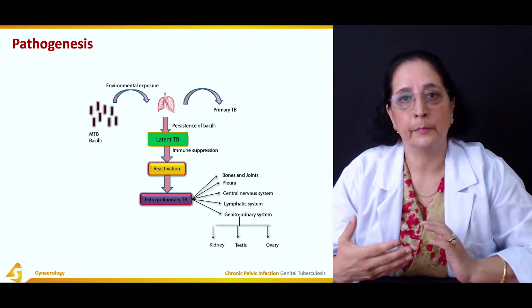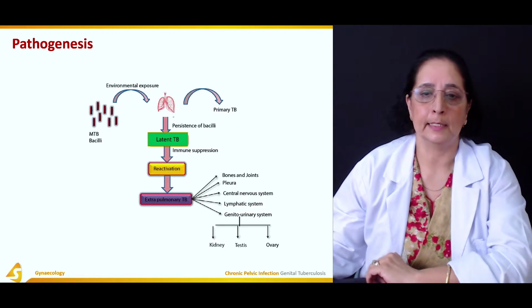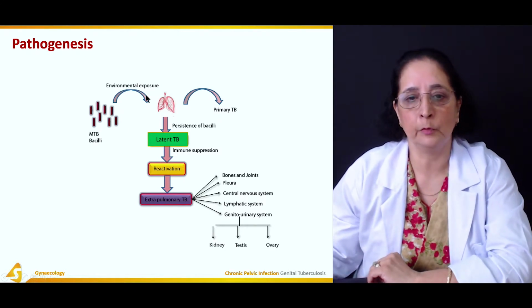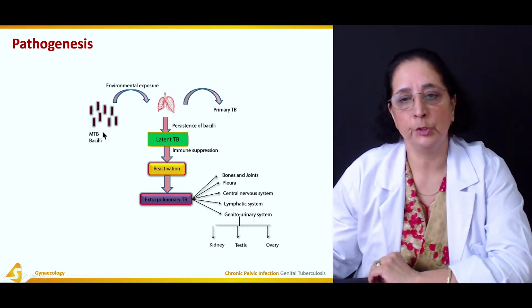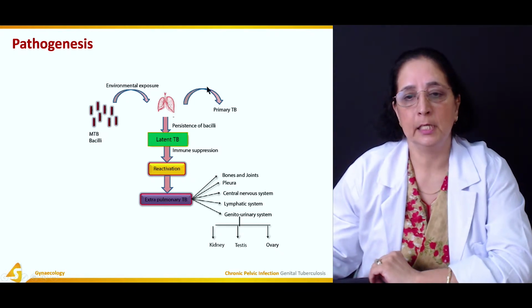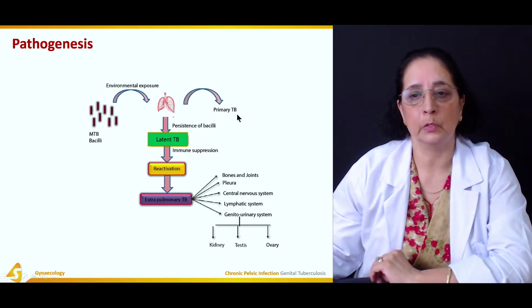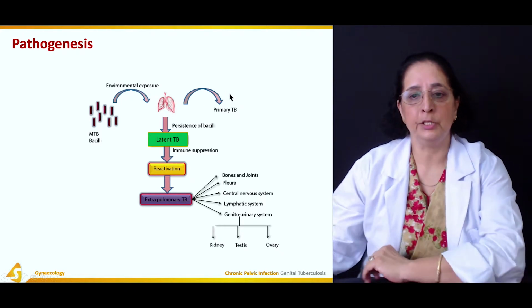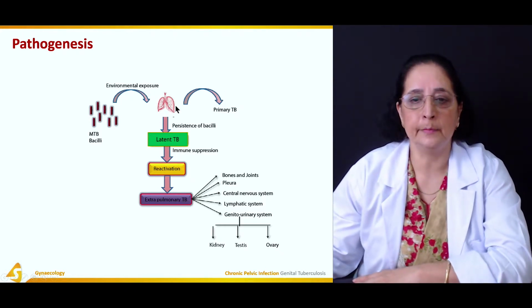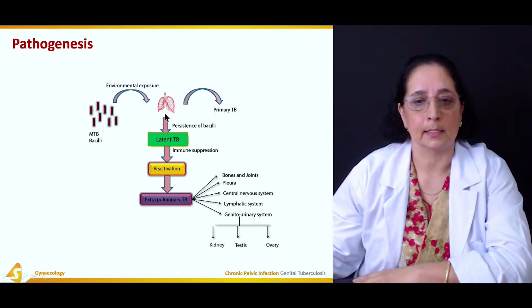So it is airborne spread of the tubercle bacillus. From environmental exposure, it can spread to the lungs, which is the primary tuberculosis. Primary TB, TB being tubercle bacilli, is in the lungs.